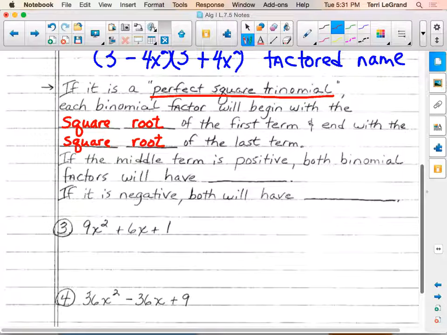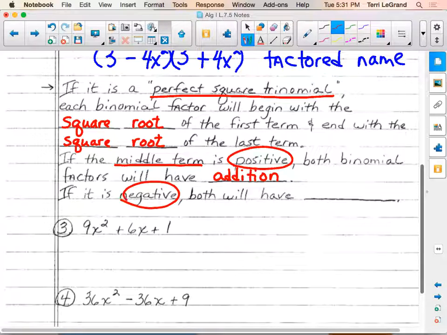This time, instead of one of them having addition and one having subtraction, they're both going to have the same operation going on in them. How are we going to decide that? We're going to look at the middle term. If the middle term is positive, both your binomial factors will have addition. And I think as you work these, you'll understand more why.